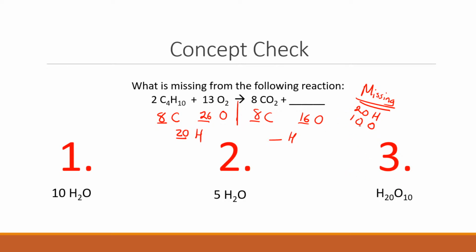Now I've got 2 choices here that will accurately represent what I'm missing, right? I can say 10 H2O's, that's 20 H's and 10 O's. But I could also say H20O10, that's 20 H's and 10 O's. And this is one of the spots where organic chemistry is a little bit different, right?